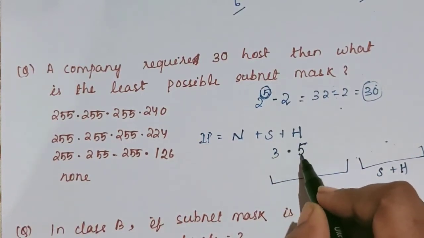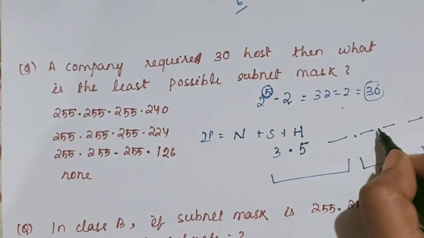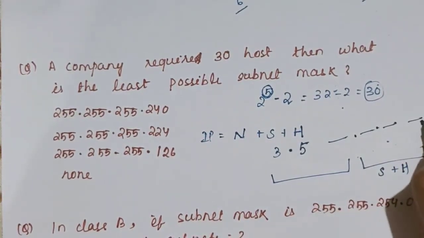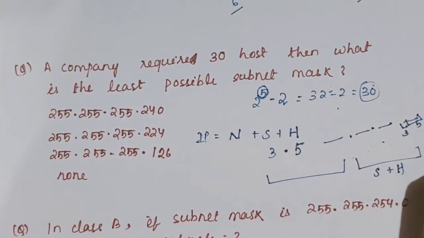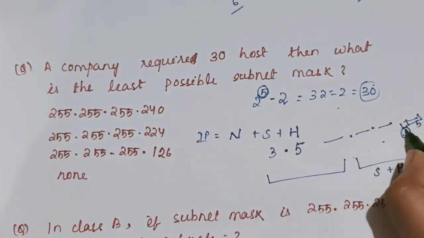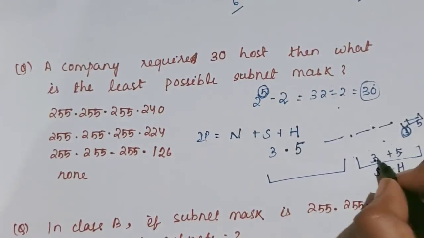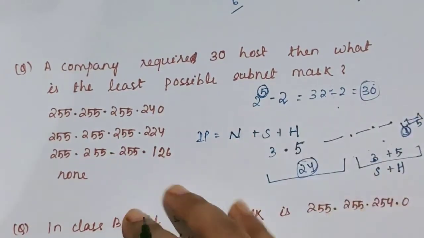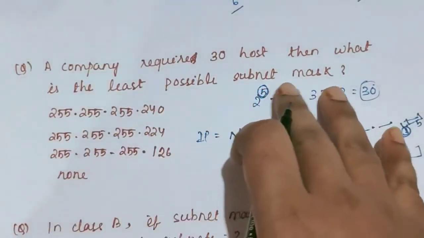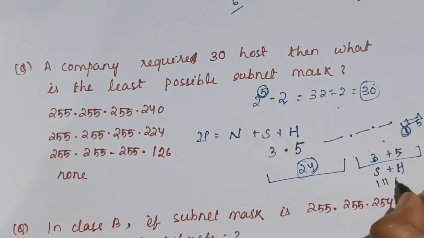As this is 5, and there are 4 octets for an IP address, this is 5 already host bits, then the remaining 3 bits are subnet bits. So this will be 3 and this will be 5. 5 plus 3 is 8, and the remaining 24 bits are for network bits. So the least possible subnet mask is 3 ones and 5 zeros.